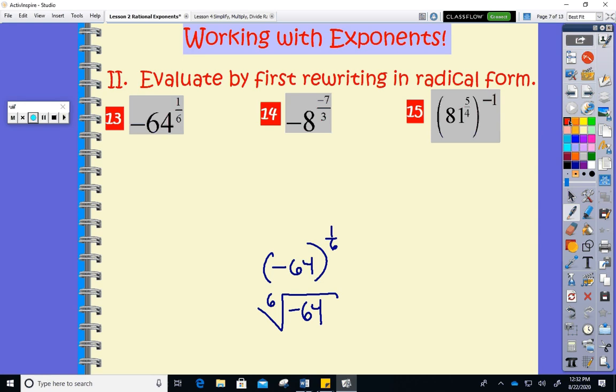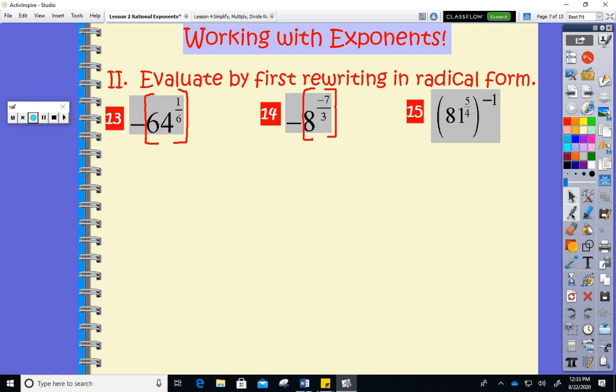If the negative is not in parentheses, then imagine that it's negative and then parentheses on both of these, okay? So that means we're going to imagine that this is -1 times 64 to the 1/6, which is -1 times the 6th root of 64. Do you all see that that's -1 times 2, which is -2?